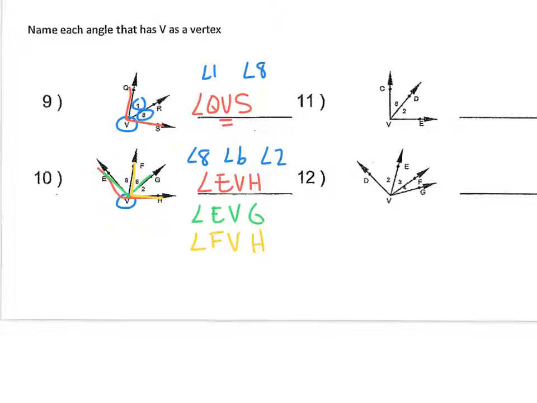Let's do one more example. So number 12, I could do angle 2, angle 3, or angle 4, the little angles. I can do the big angle, which is angle DVG. I could do these 2 angles together, which is angle DVF.